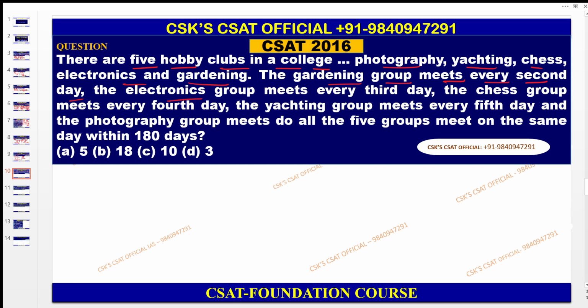The electronics group meets every third day. The chess group meets every fourth day. The archery group meets every fifth day. The photography group meets every 6th day. Do all the 5 groups meet on the same day within 180 days?